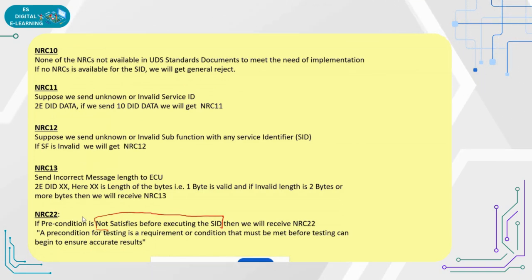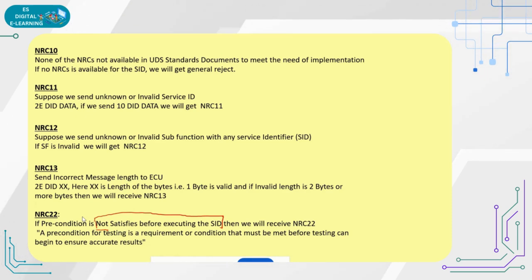It's clear, right? Suppose your vehicle is driving. Whenever your vehicle is driving, you cannot perform diagnostics. Whatever you can read or write, you cannot do it. Whenever the vehicle is stopped, you can do your action, like writing or reading of information.